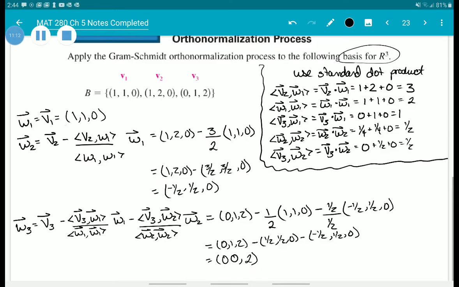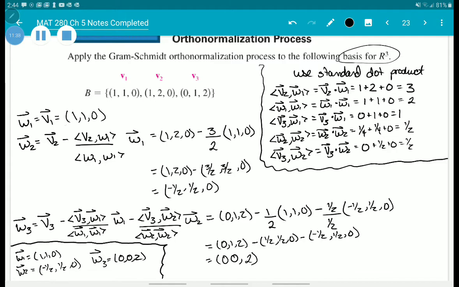So our bases here: W1 is equal to 1, 1, 0. W2 is equal to negative 1/2, 1/2, 0. And W3 is equal to 0, 0, 2. So if we were to form dot products with W1, W2, and W3, every combination would give us 0.